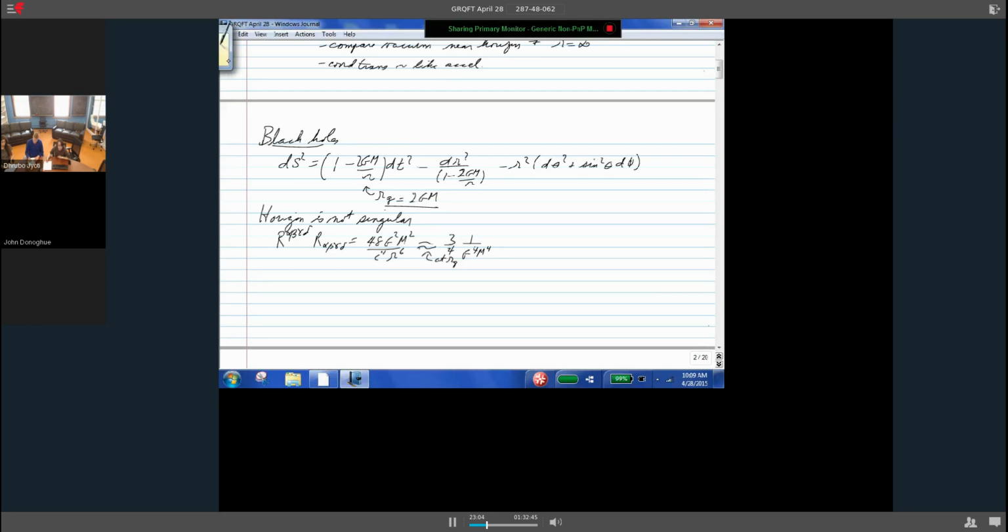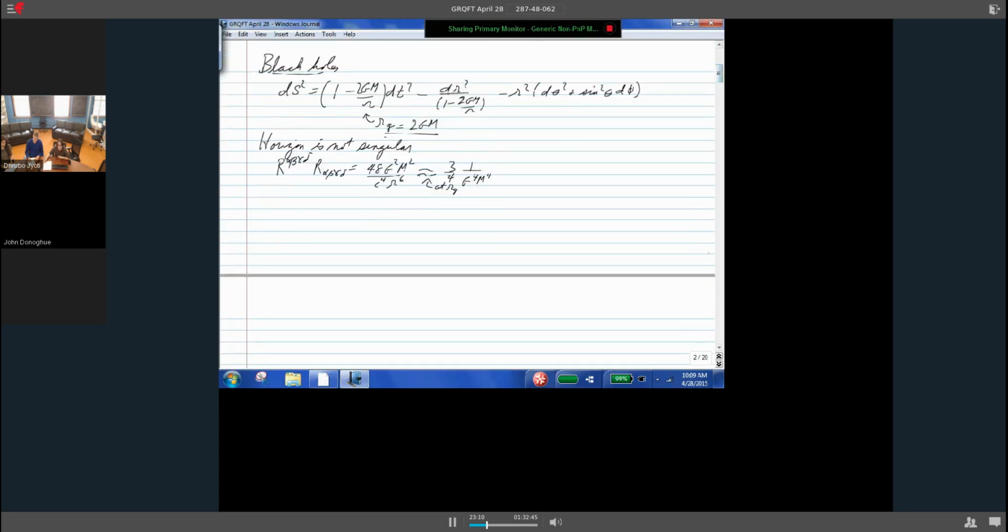So here's at the horizon. This looks like 3 over 4, 1 over G⁴ M⁴. So for big enough black holes, this thing can be arbitrarily small.